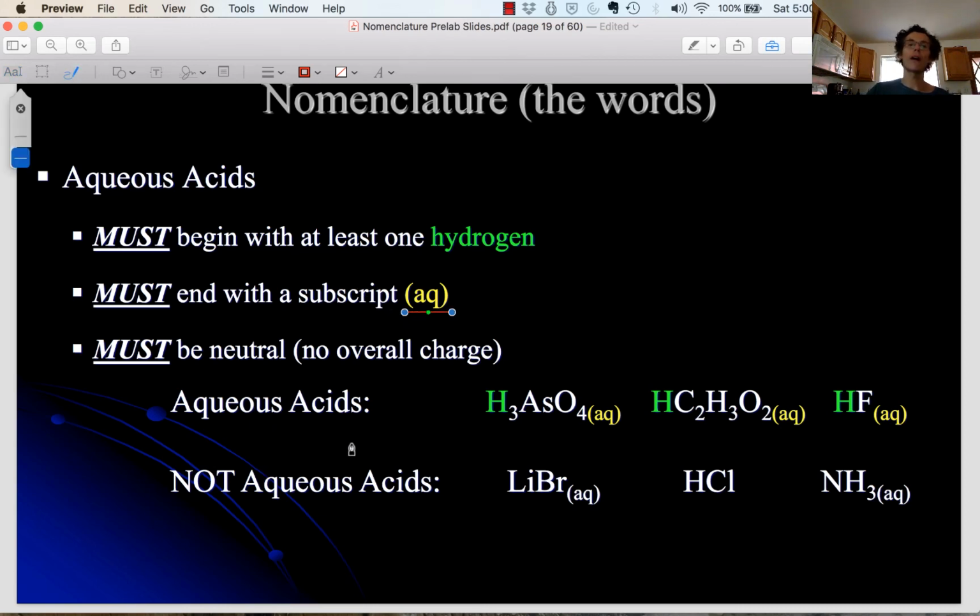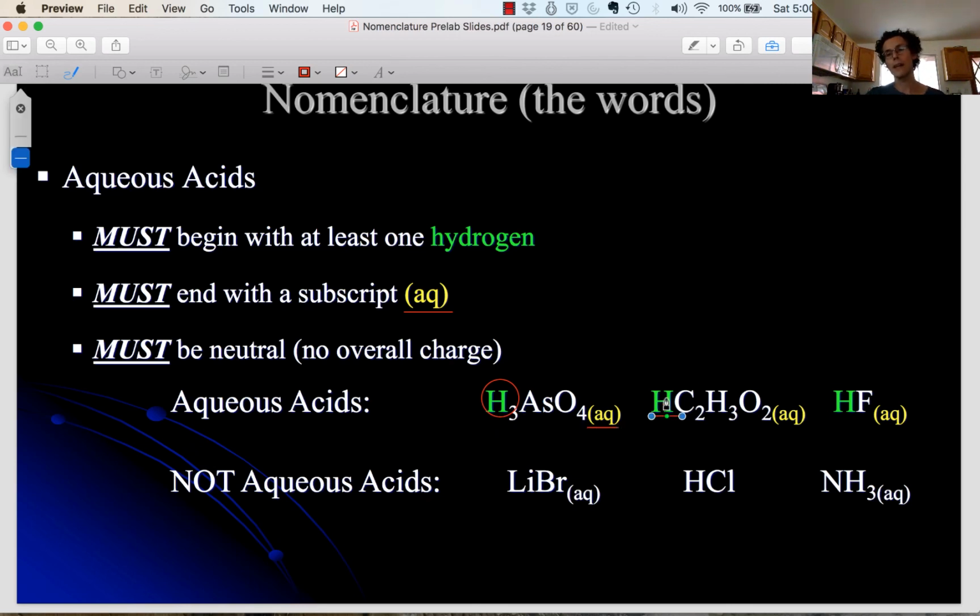And then overall, they are going to be neutral. So all of the compounds overall are neutral. For aqueous acids, you have an H out front in this example. That's what we mean by H being out front. It's in front of the chemical formula. It ends in aq. Aqueous means water. These acids are going to be in water, so you always see aq.